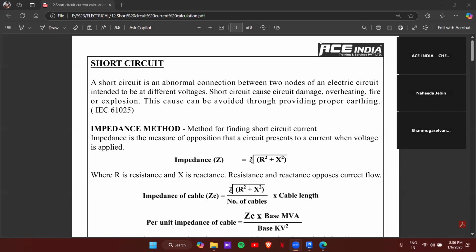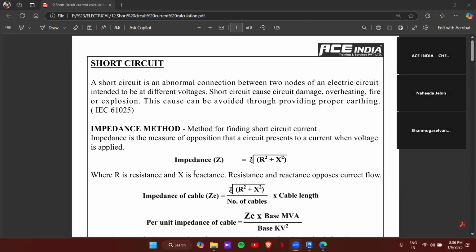The sum of the resistance or the opposition present in the circuit is called impedance, and it is denoted as Z. So Z is equal to the root of R squared plus X squared, where R is resistance and X is reactance. Resistance and reactance are the factors which oppose the flow of current, and the sum of these is called the impedance.